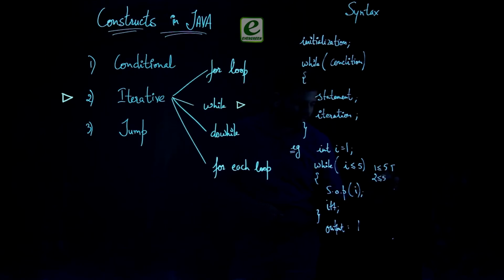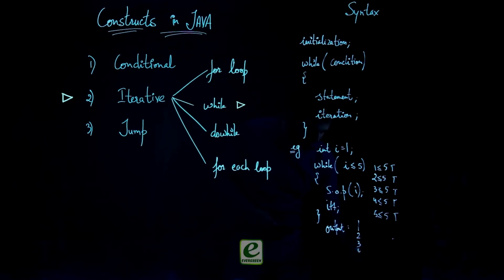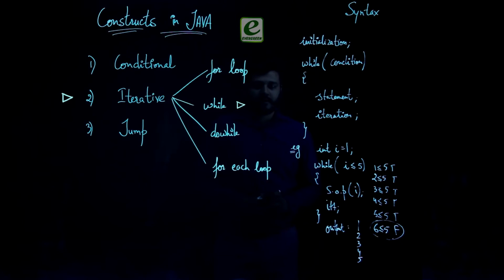So 2 is less than 5, true. 3 is less than 5, true. 4 is less than 5, true. 5 is less than or equal to 5, true. So it will print 1, 2, 3, 4, 5. But when i's value is 6, 6 is less than 5, false. So at this point, the loop will terminate. This is the simplest working of the while loop.